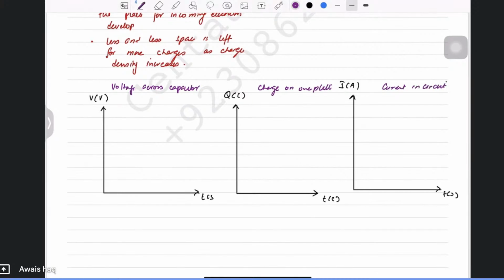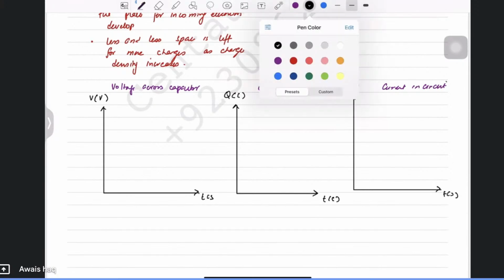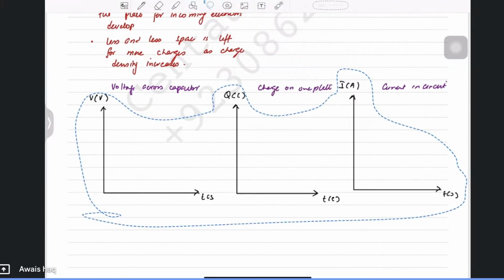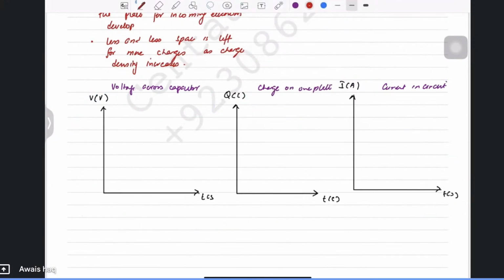So the voltage, basically, keeps on increasing until it comes to a halt, because if no more charges can enter, that's the maximum voltage it can reach.